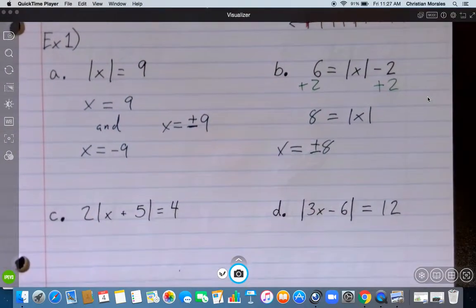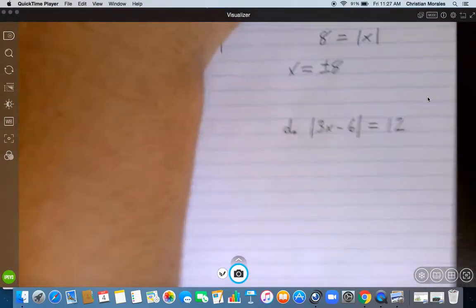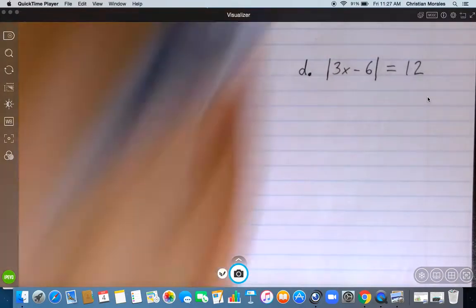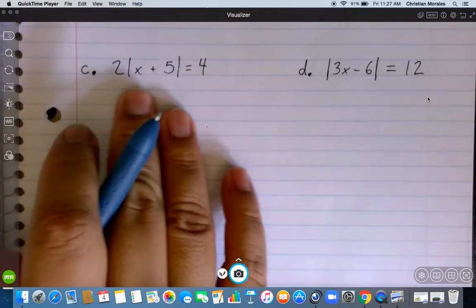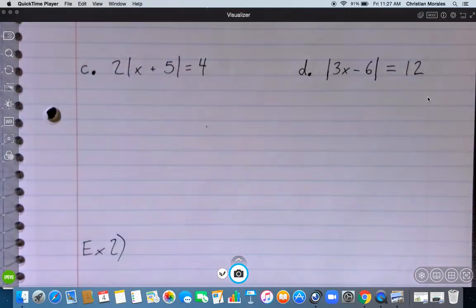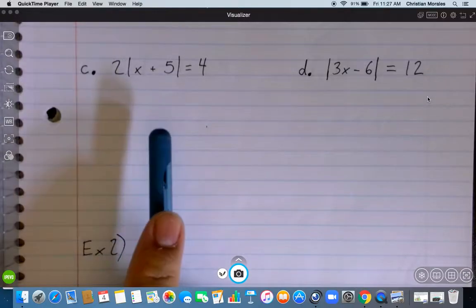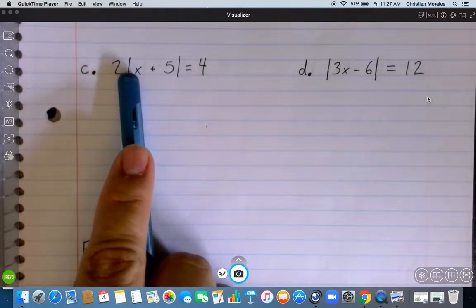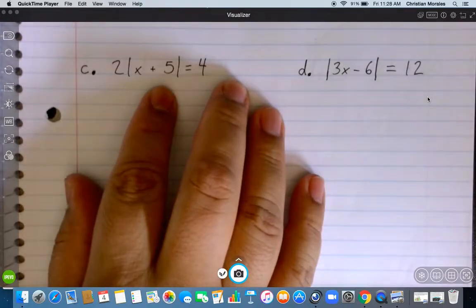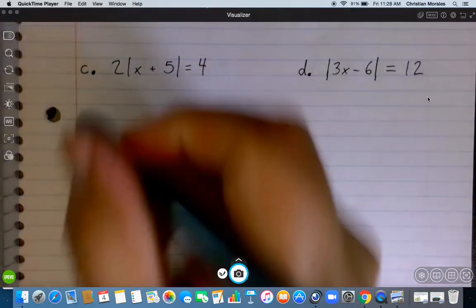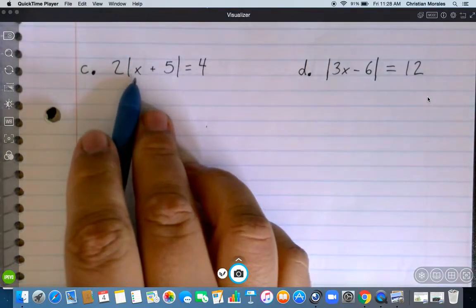Okay? So let's go a little bit more complicated. Now we have more than just x inside. Now we have a lot of numbers. If you're solving an equation with absolute values, don't treat them like parentheses. These are not parentheses, okay? You have to get rid of the numbers that are with x.